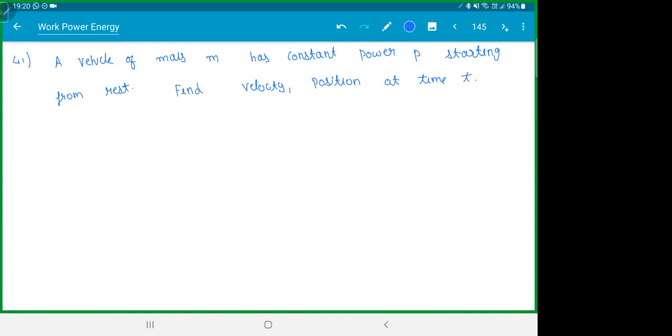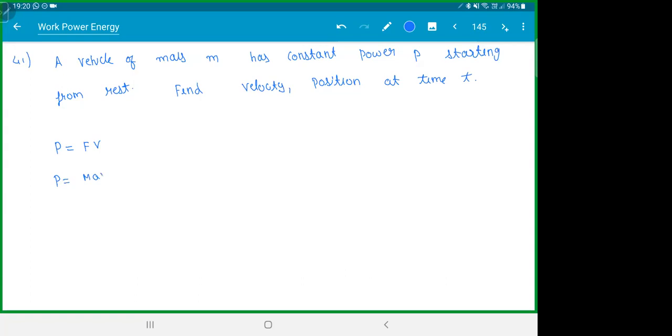Velocity is root 2P by m. Yeah, that's right, everyone. Most of you got it. See, power is force into velocity.